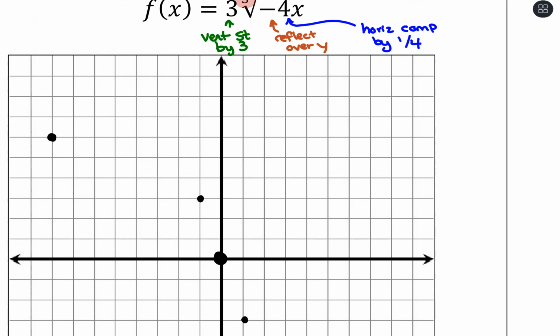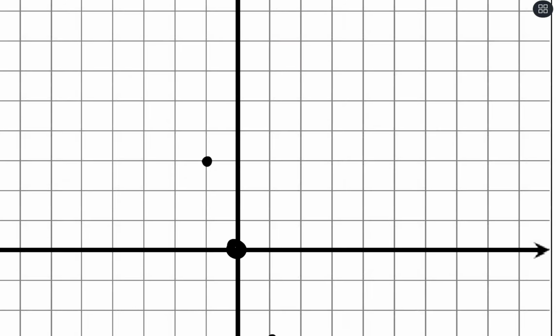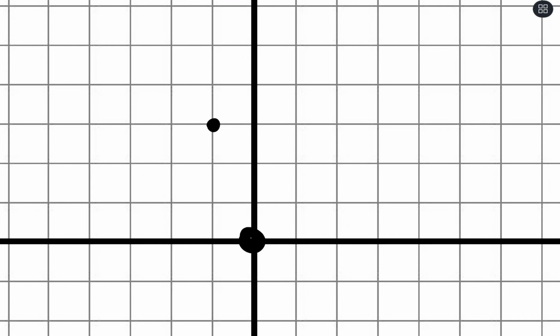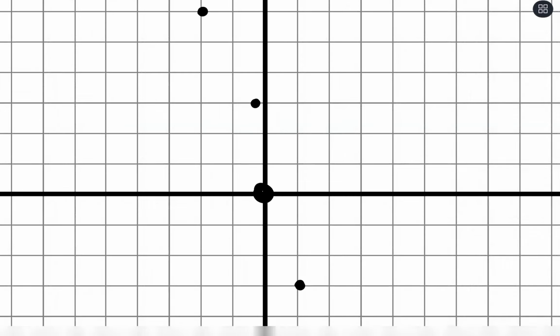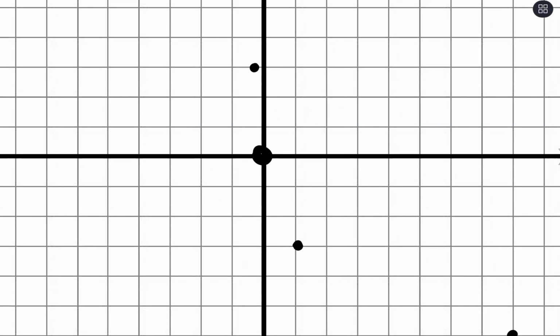Okay, and our last piece is going to be a horizontal compression by 1/4. So where I have this horizontal distance of 1 here, we're going to squish into a 1/4. And where I have this distance of 8, cut that by a fourth, and now we're at a 2. And same thing down here.